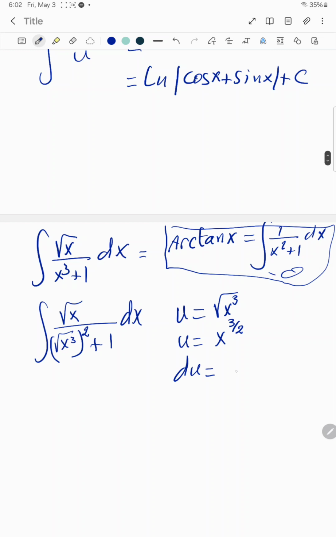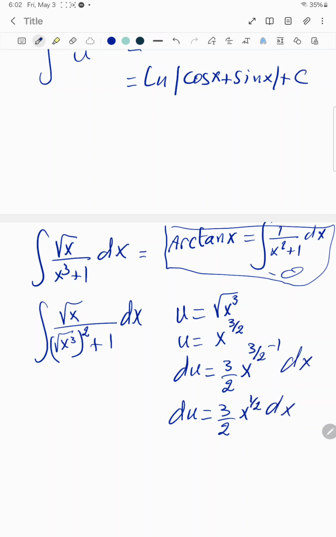My du will become 3 over 2 x to the power of 3 over 2 minus 1. But 3 over 2 minus 1 is 1/2, because if I do a common denominator, it becomes 3 minus 2 divided by 2, which is 1/2. My du becomes 3 over 2 x to the power 1/2 dx.